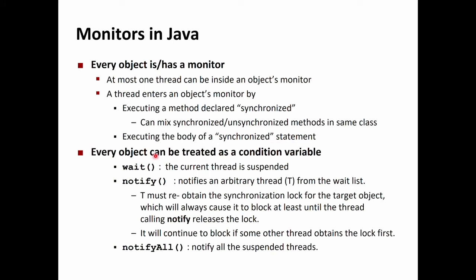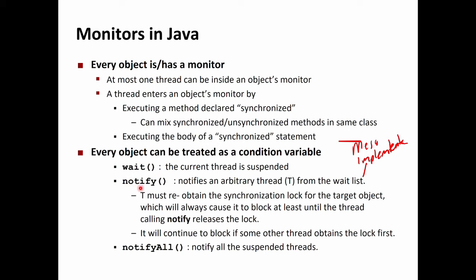And every object can be treated as a condition variable. When we call wait, the current thread is suspended, and when we call notify, essentially what we do is the Mesa implementation. You remember the Mesa implementation is used.